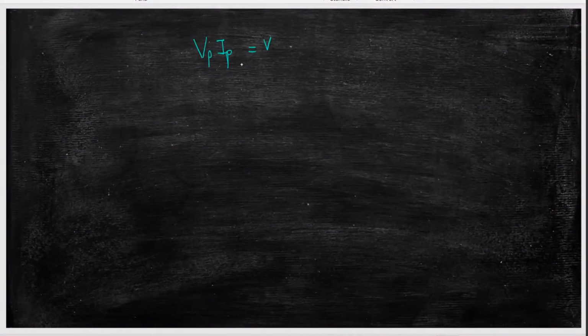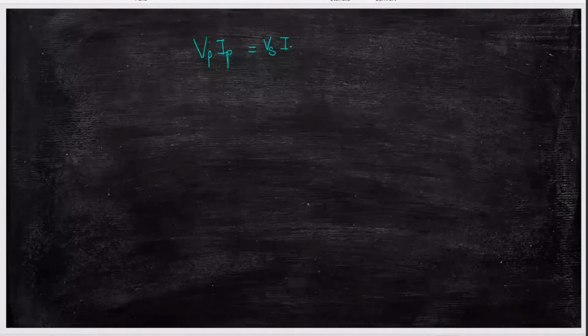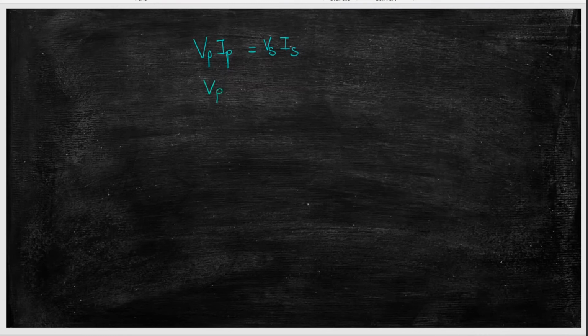Vp Ip is equal to Vs Is. Now if I bring this to here, Vp by Vs is equal to Ip by Is.